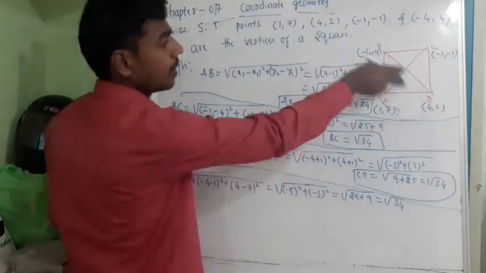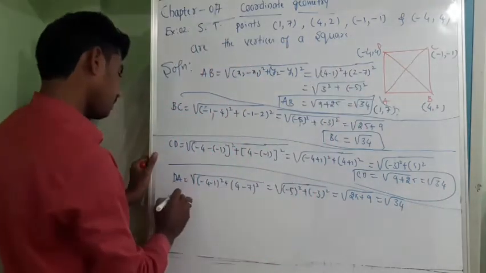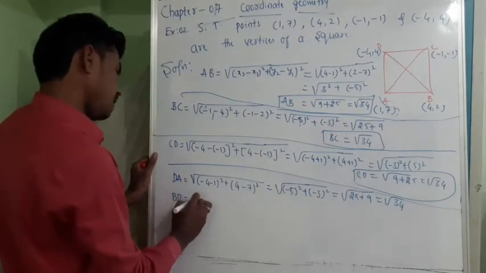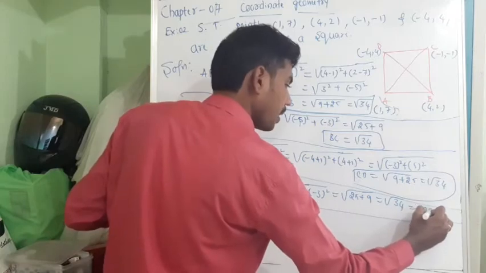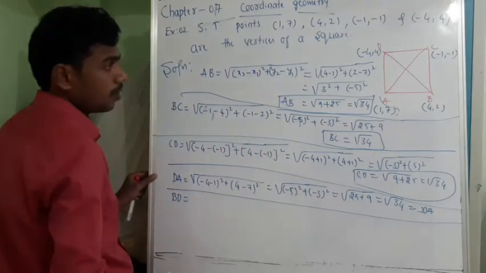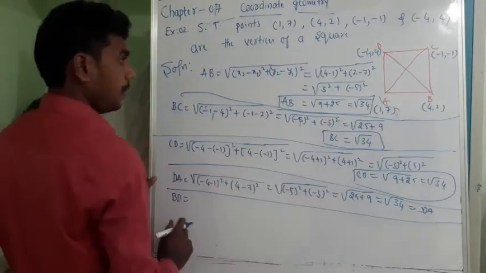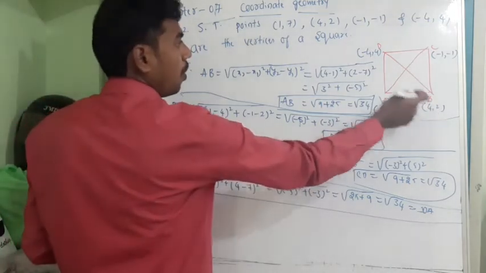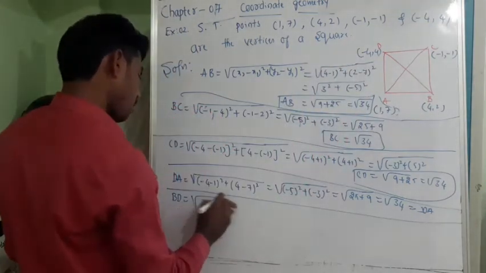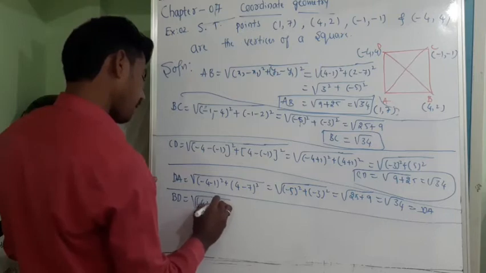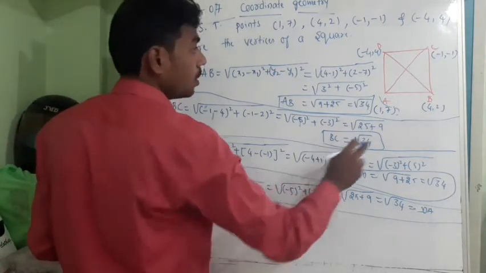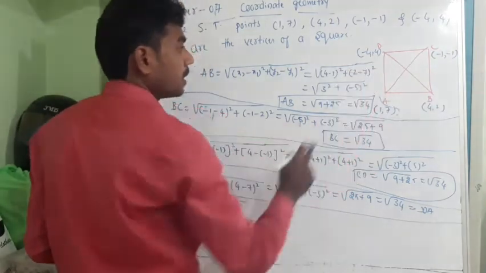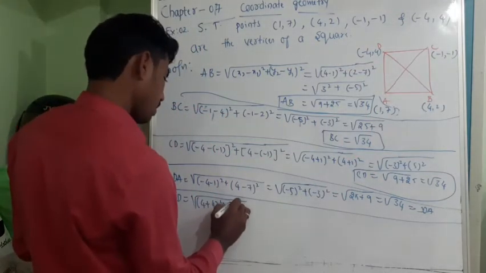And we need to calculate the diagonals. BD is equal to, 4 minus of minus 4 is 4 plus 4 squared, plus 2 minus 4 is minus 2 whole square.